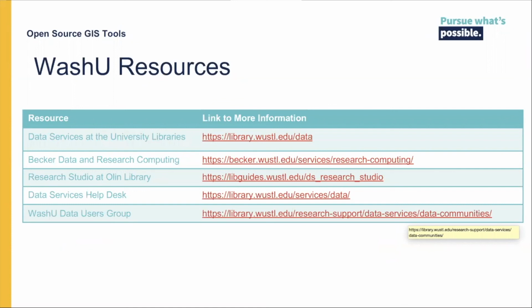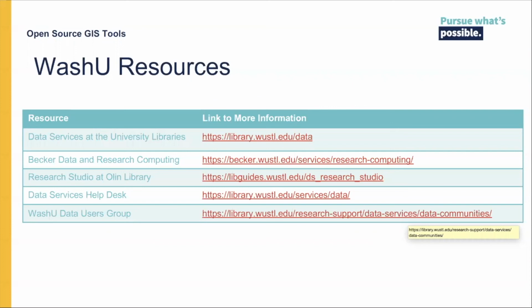If you are at the med school, we have counterparts at Becker Medical Library that can help you with some data related things. They will probably be more adept to deal with open source health data, or biomedical stuff like biostatistics, things like that.